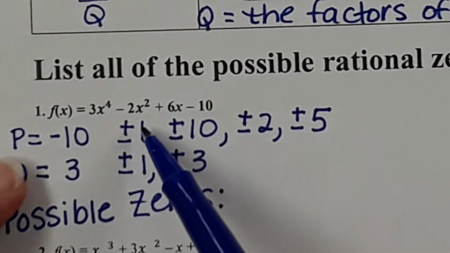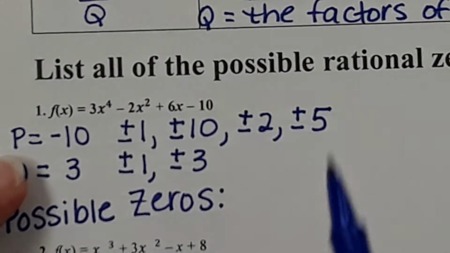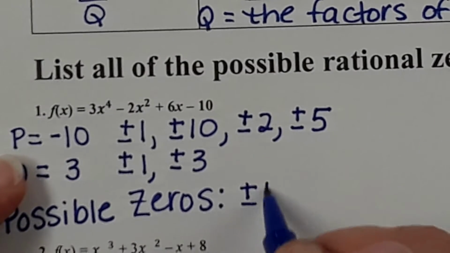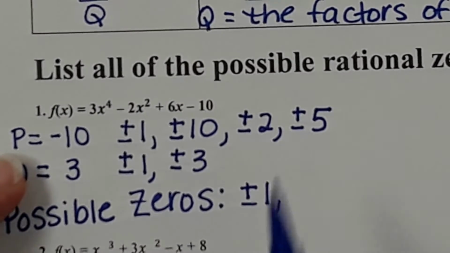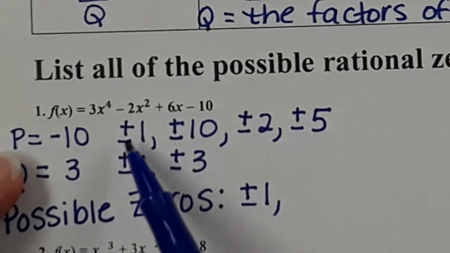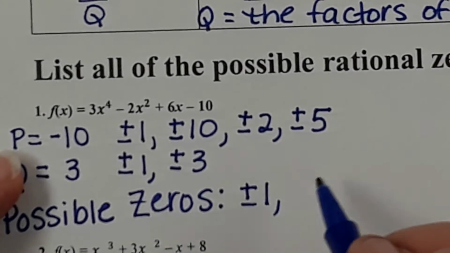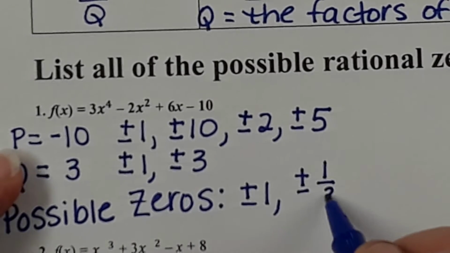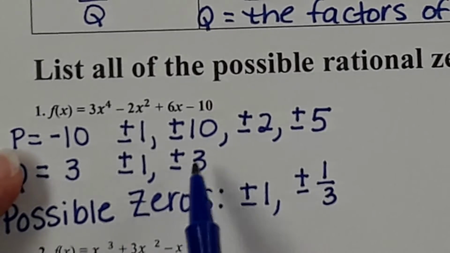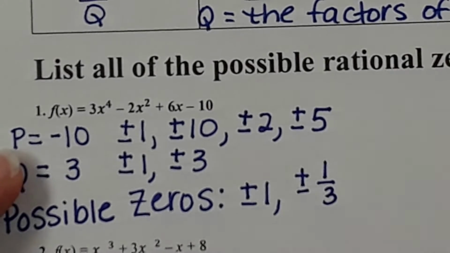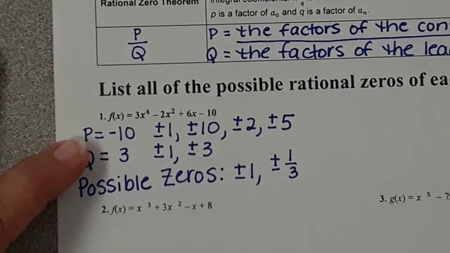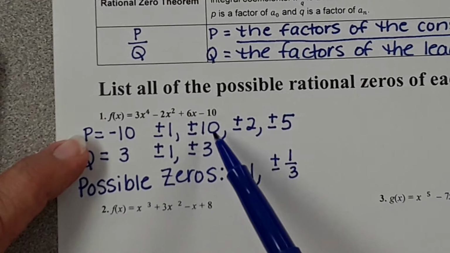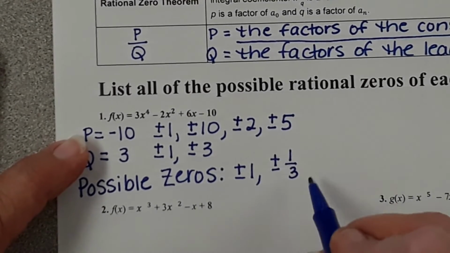So plus or minus 1 over plus or minus 1 is plus or minus 1, because 1 over 1 is 1. Then plus or minus 1 over plus or minus 3 is plus or minus 1/3. Again, I put 1 over 3, that's how I got 1/3. Now we're going to do plus or minus 10 over plus or minus 1.